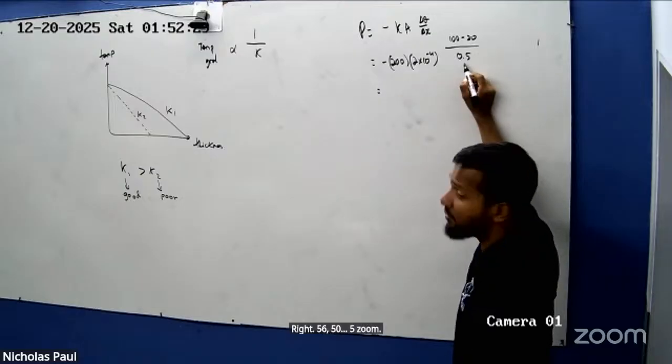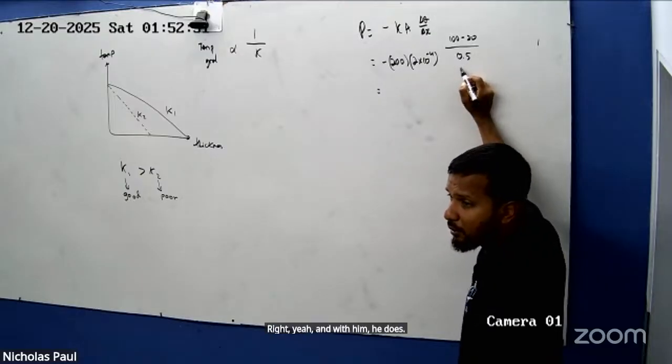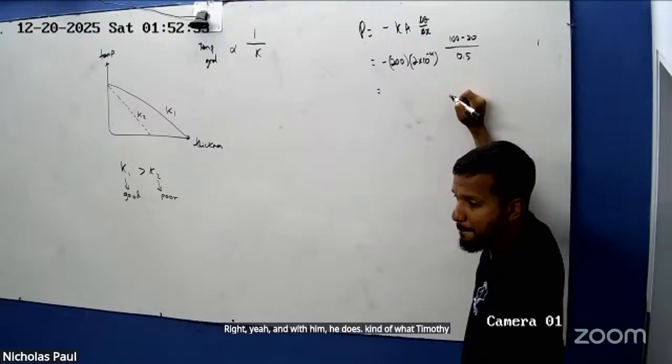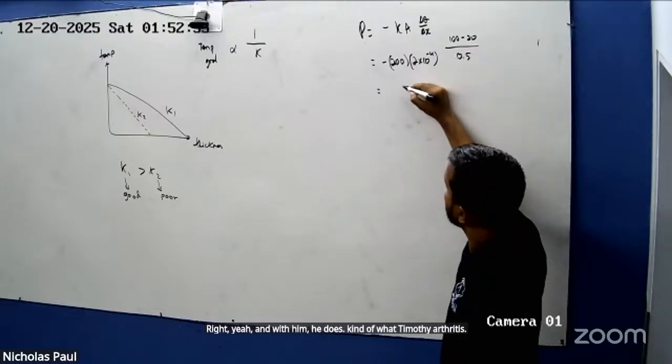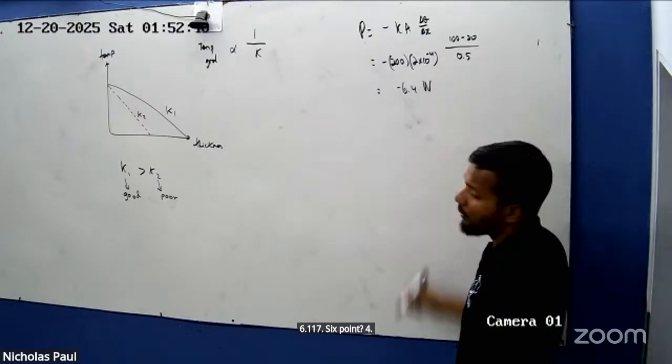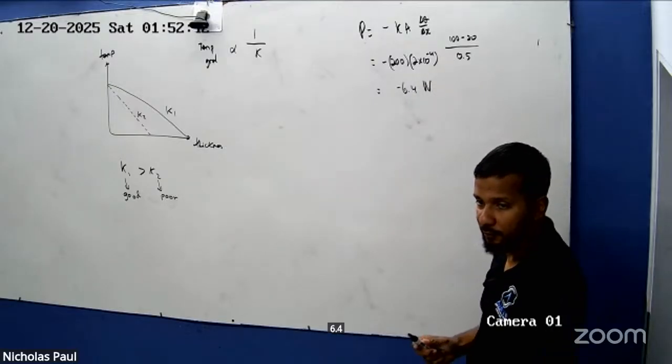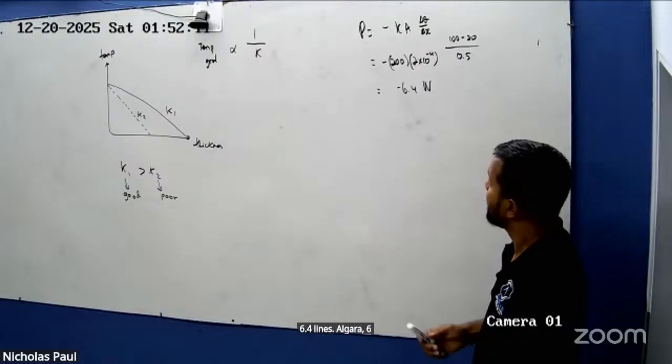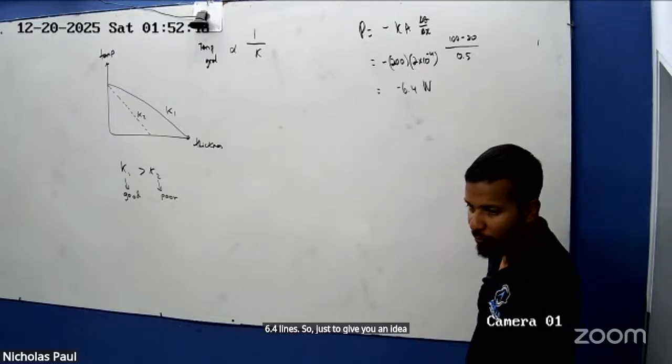Right, you can convert to meters. So you convert to meters, right? So I get 6.4, 6.41. Do you get that? 6.4. So that's just to give you an idea how to go through the formula.